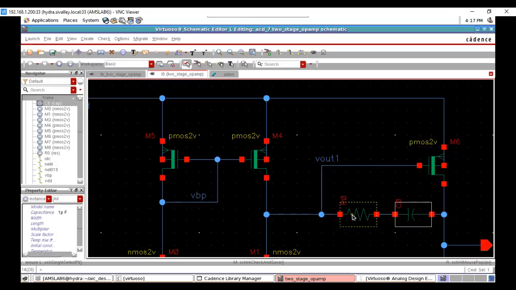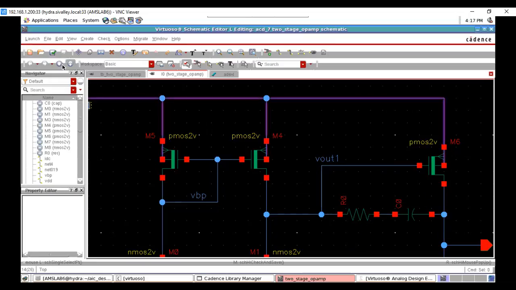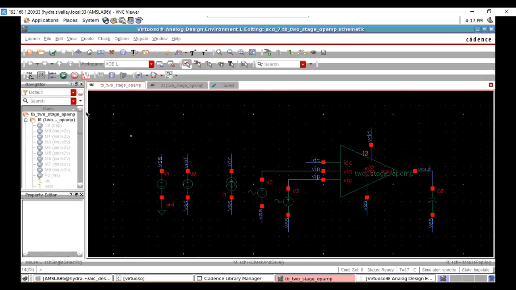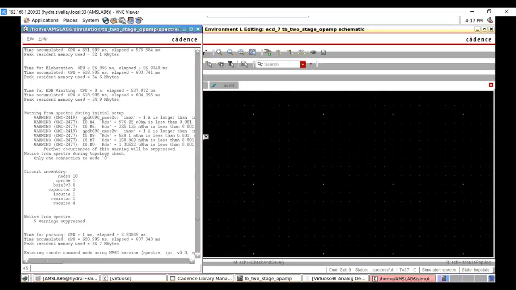So the total resistance offered by this resistor should equal 1 by gm of this, so that the exact frequencies of the pole and zero caused by this compensation capacitor get cancelled out. And now I'm supposed to get the proper frequency response. Okay, let's try simulating this and we'll confirm our calculations.